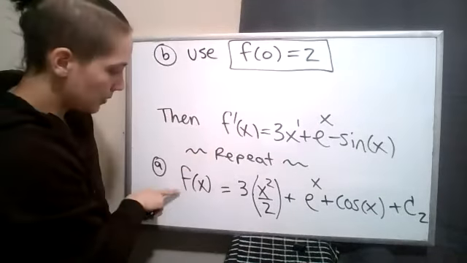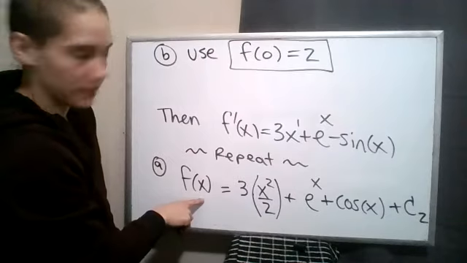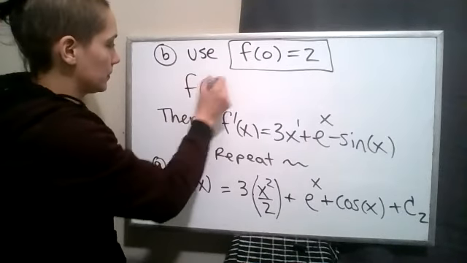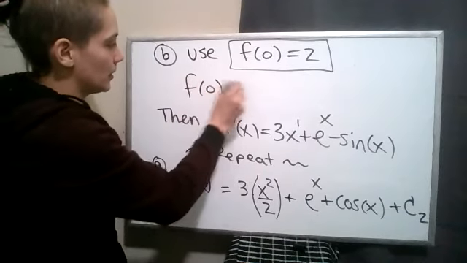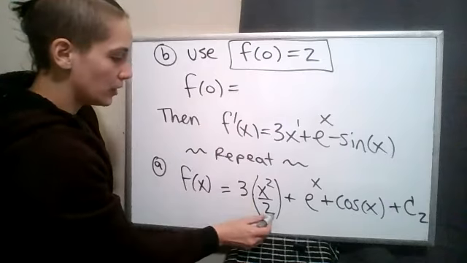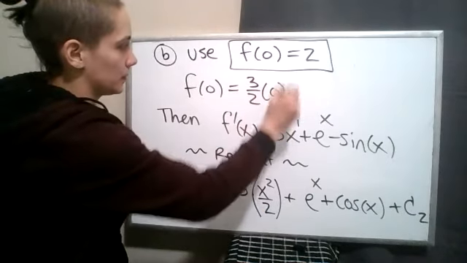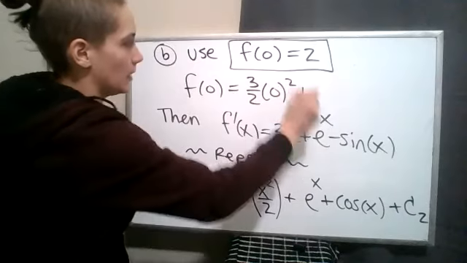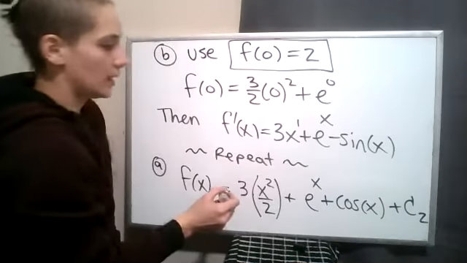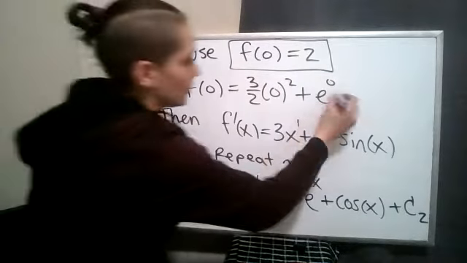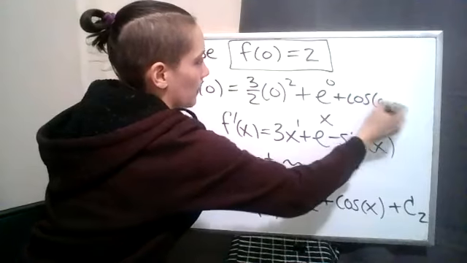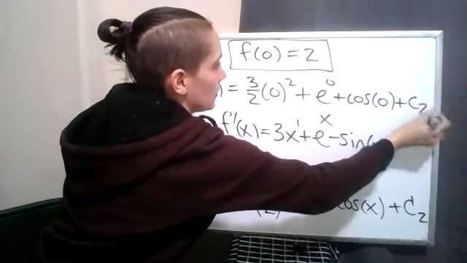So first put 0 through the function that we have found: 3 over 2 times 0 squared, add e to the 0, add cosine of 0, add c sub 2.